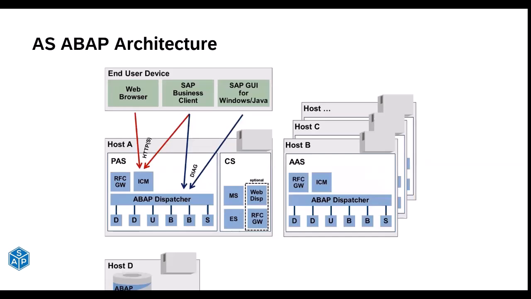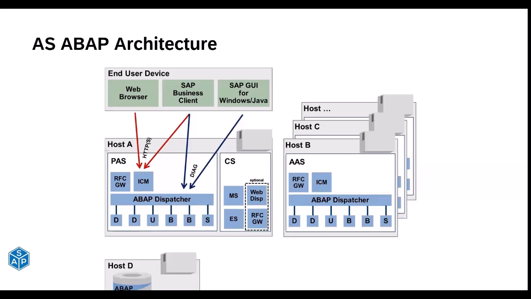So here it is. This is the box which was there in the previous screen. This is your primary application server. This is your CS or your ASCS instance.